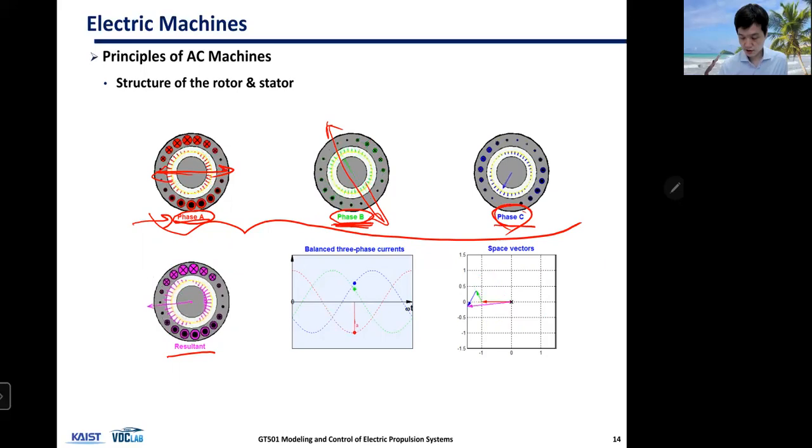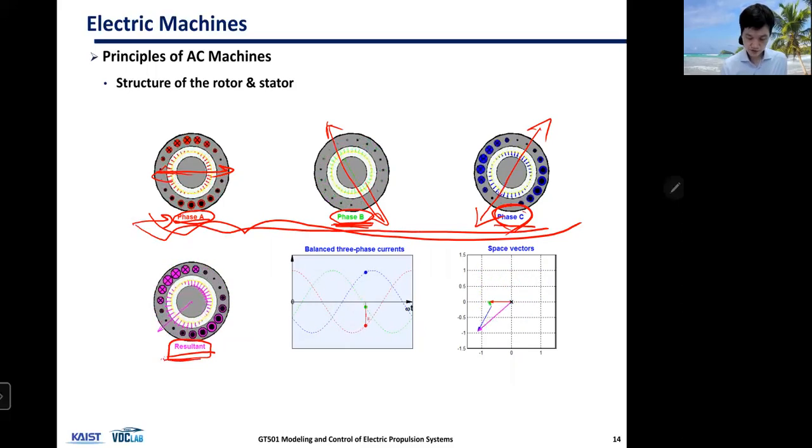And you put another phase that's 120 degrees offset from the other two, and you're generating another alternating magnetic field. And what this resultant is showing is that the summation of these three is this resultant field. And you can see that the resultant field is rotating.